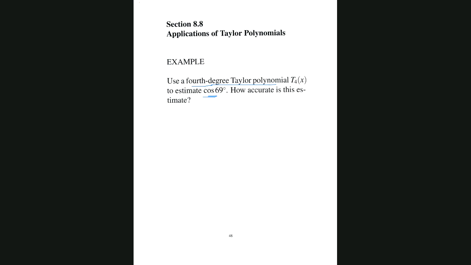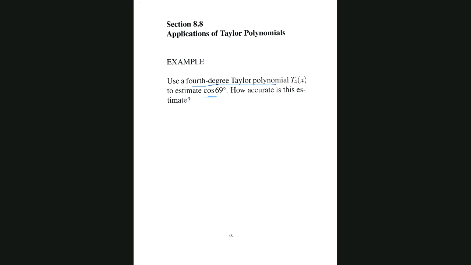Well, there are algorithms programmed in computer programs that can compute these trigonometric values, and the algorithms are based on something, right? Well, they could be based on Taylor polynomials.